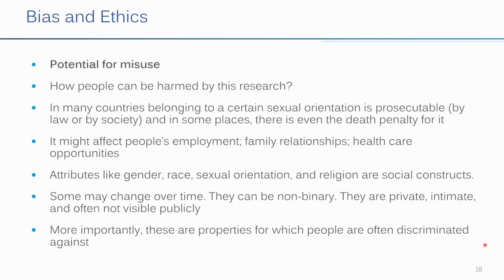Imagine how that can be used for bad decisions, right? All of these features are related to people and they can be used against them. So we should be aware of that when we're building our own systems, not to propagate whatever bias or unethical outcomes out of it.